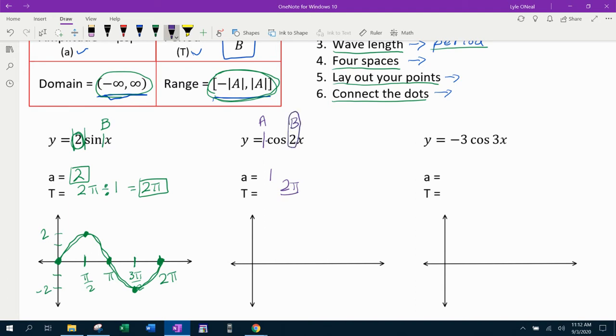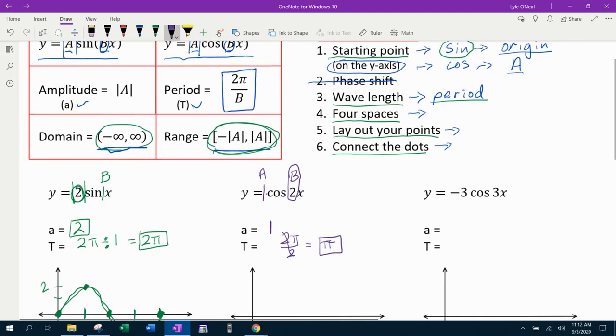And the b is the coefficient of x, which is 2. And these 2's will cancel. So that means that my period for this wave is going to be pi. I've got an amplitude of 1 unit and a period of pi units, okay? And so then we can go back to the 6-step process of graphing.